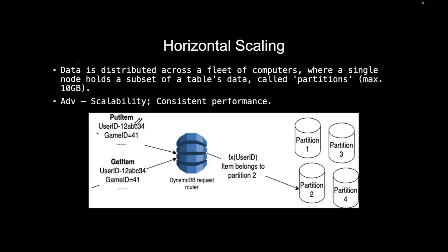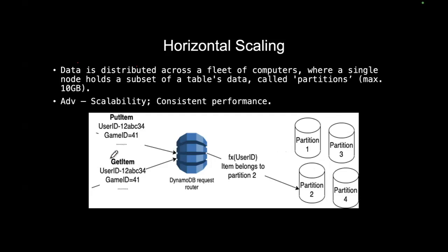For a write operation, DynamoDB uses the partition key value to determine which partition it should write the item to. And so that's why whatever you choose to be the partition key for your particular table, it should have a very diverse range of values, so you can get a good distribution of the items across these 4 partitions.